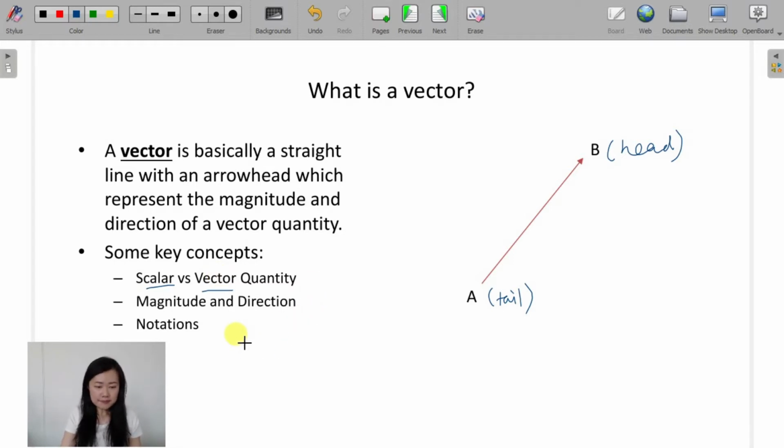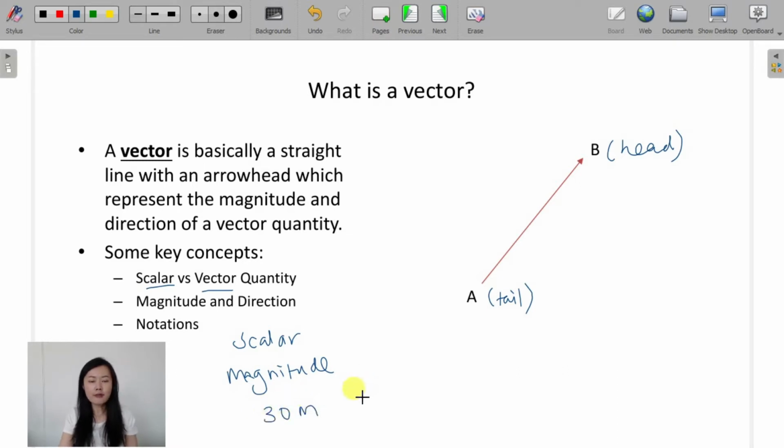Scalar quantity, without getting too sciencey and complicated about this, it's usually just magnitude. Let me give you an example. If I said I am 30 meters from wherever, actually, let's just say 30 meters, because once I say from wherever, I start getting into a vector quantity.